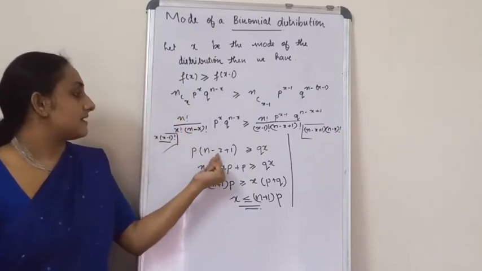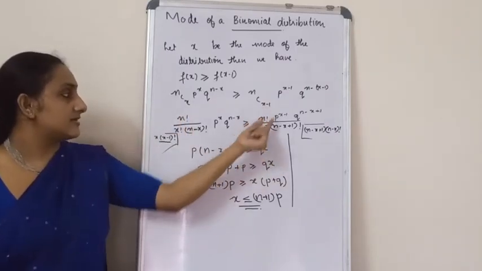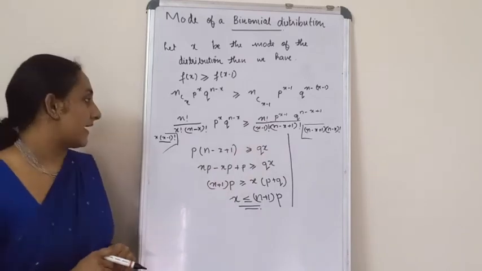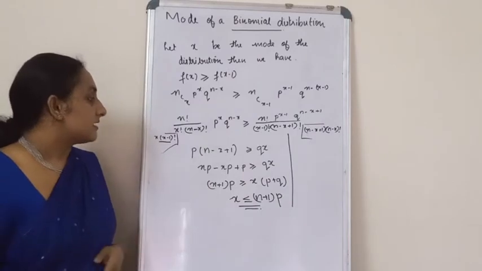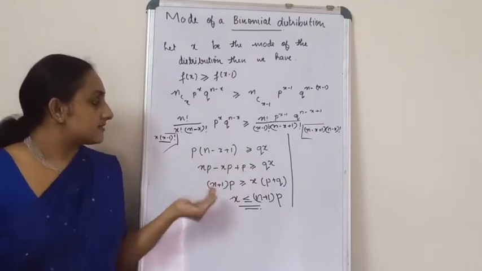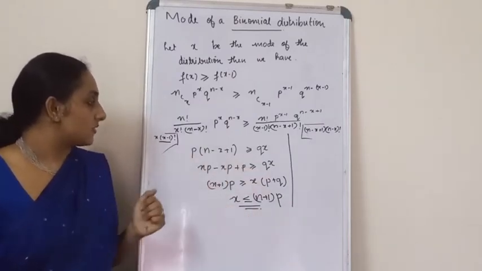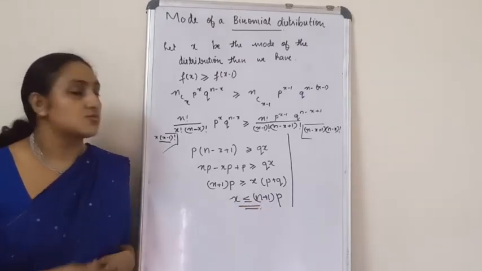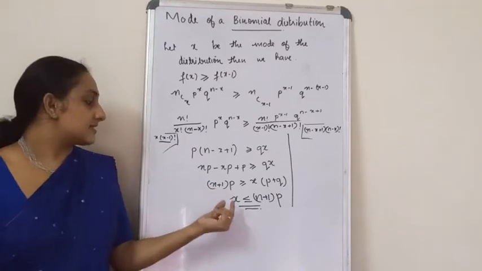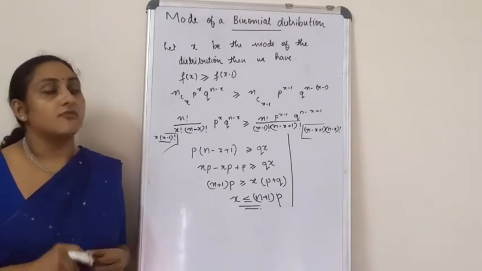So p into n minus x plus 1 greater than or equal to, on this side we have q into x. I took this x to that side. With simple calculations, finally you will get x less than or equal to n plus 1 into p. That is how you find the mode of a binomial distribution.